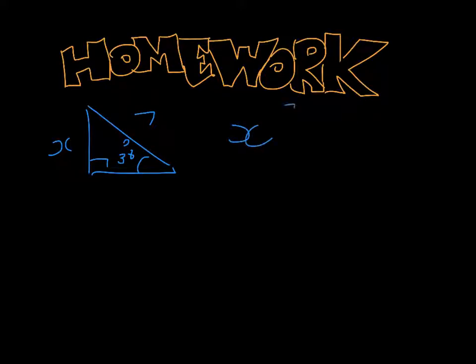Okay, so let's have a few practices for homework. Let's say the first one, a right angled triangle. We have x, 7, and this is 38 degrees. You need to find the side length of x. Another one, we have 42 degrees. This is the right angle here, x, and this is 4.